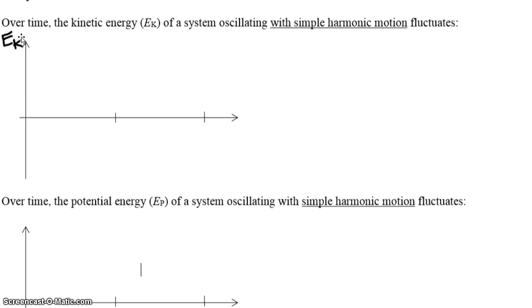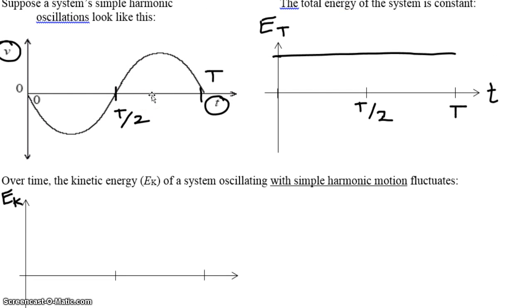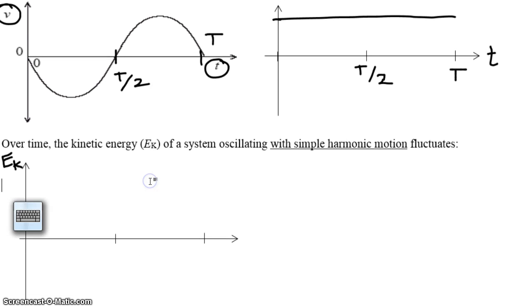If our graph for VT looks like this, then you see at time of 0, right here, kinetic energy is going to be 0 because there's 0 velocity. When you get to here, kinetic energy is at a maximum. And it's positive because you can only have positive kinetic energy.